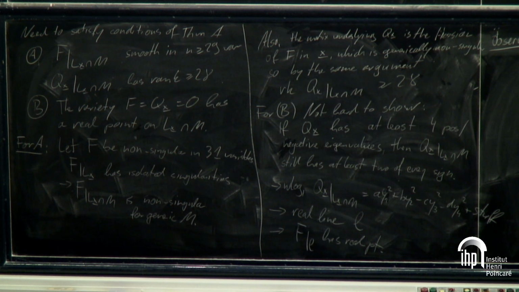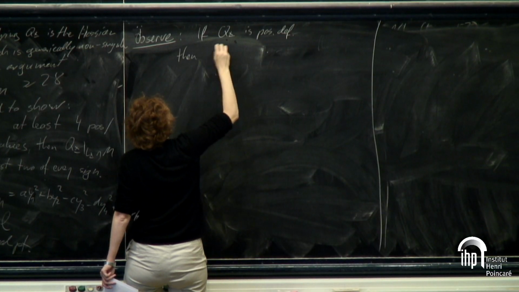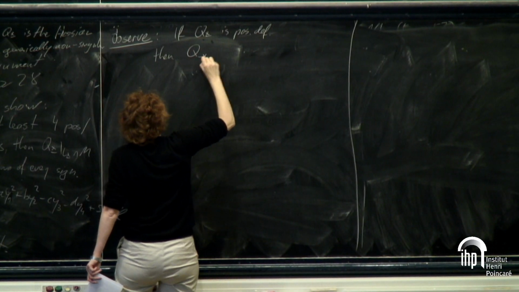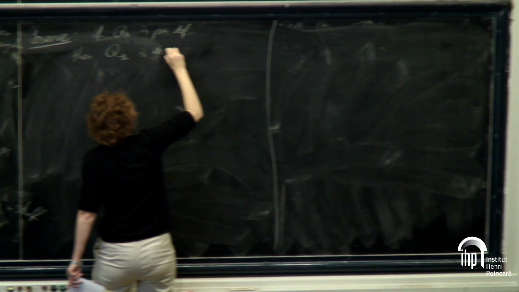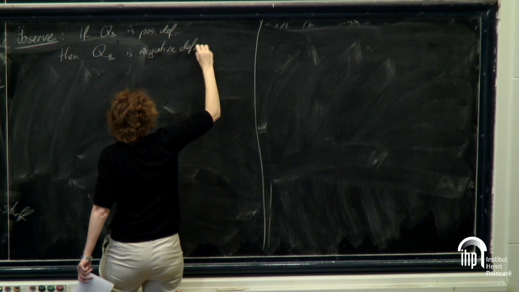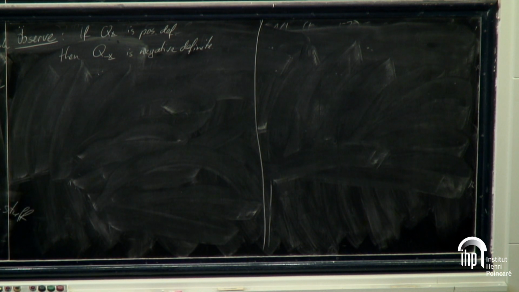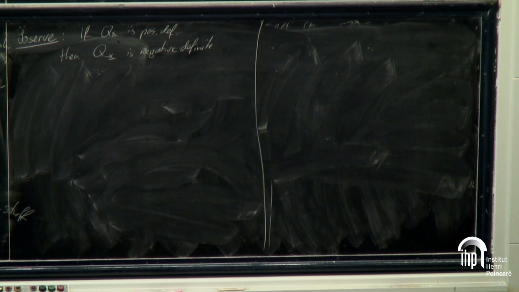So if qx is positive definite, then q minus x is negative definite. So if we have a positive definite point and a negative definite point, can't we kind of trace a path between x and minus x, so that somewhere along the path we get a good signature?